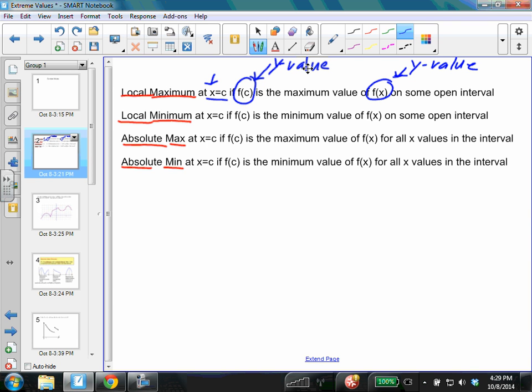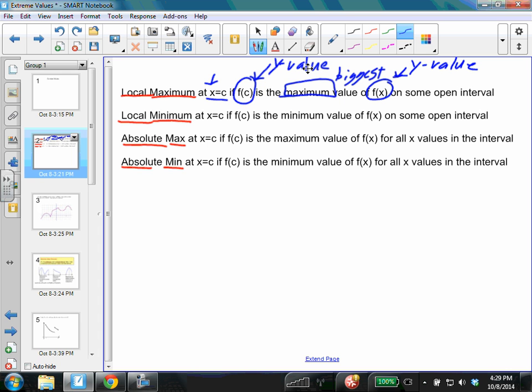Literally, all that is saying is that you have a local maximum at some y value if it is the maximum, in other words, the biggest y value on some interval. So it's a maximum if it's the biggest one, and that's literally all it means, okay?